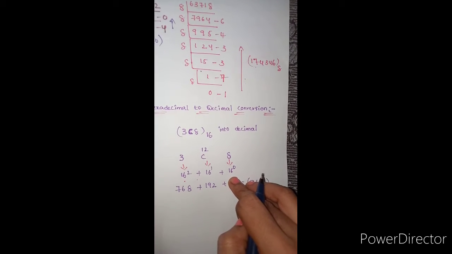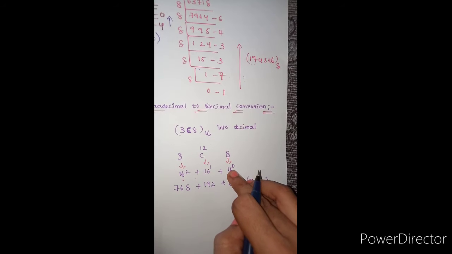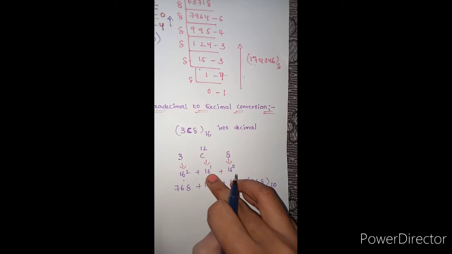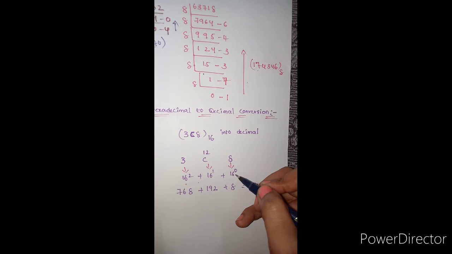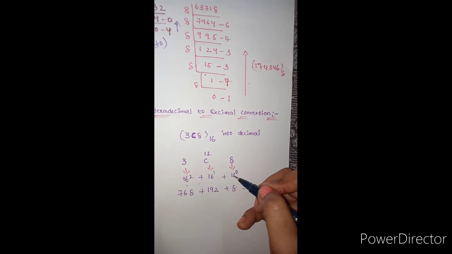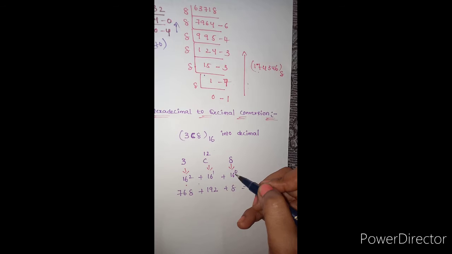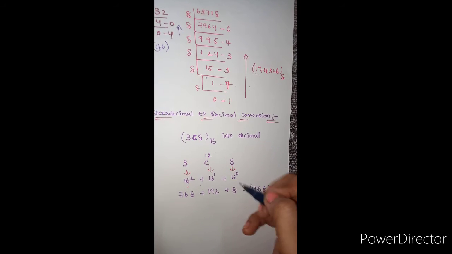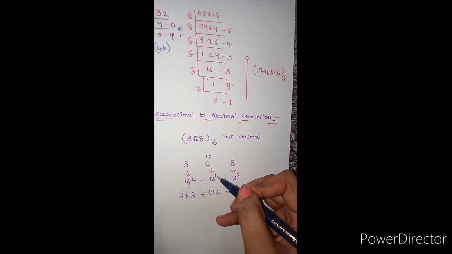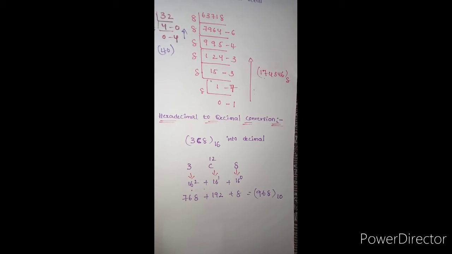I'm multiplying by 16: 16 power 0, plus 16 power 1, 16 power 2. Here 16 power 0 means 1, 1 into 8 means 8. 16 power 1 is 16.